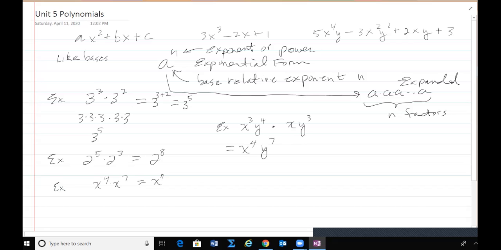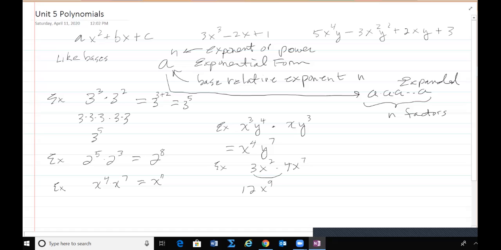It doesn't really matter how many different factors you have within that product. Another example might be 3x squared times 4x to the 7th. Well, we can put the 3 and the 4 together and make a 12, and then put the x's together and that makes x to the 9th. 2 plus 7 is 9.